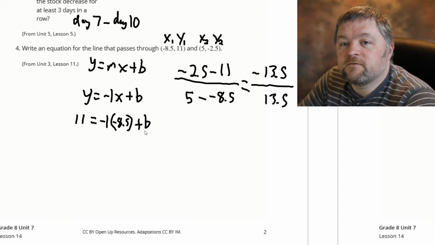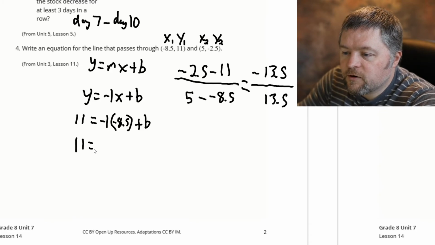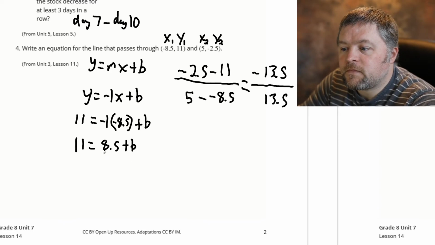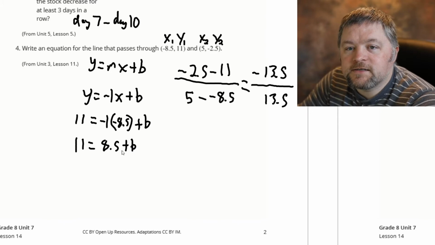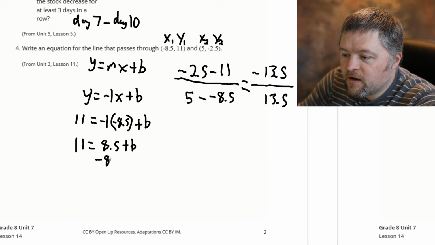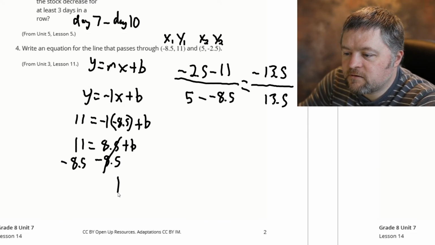Now, in order to solve this for b, first we need to distribute. Negative 1 times negative 8.5 is just positive 8.5. Now, to isolate the b, we have to get rid of this 8.5. To get rid of a positive 8.5, we subtract 8.5. Those will cancel.